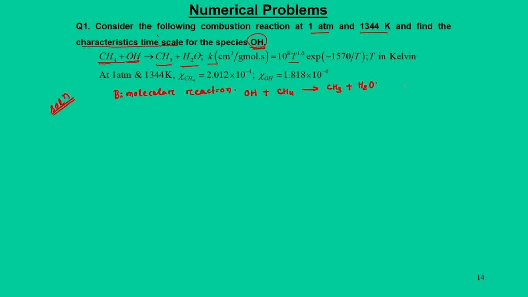This refers to A plus B gives rise to C plus D, and in generic terms we are looking at the characteristic time scale for A.